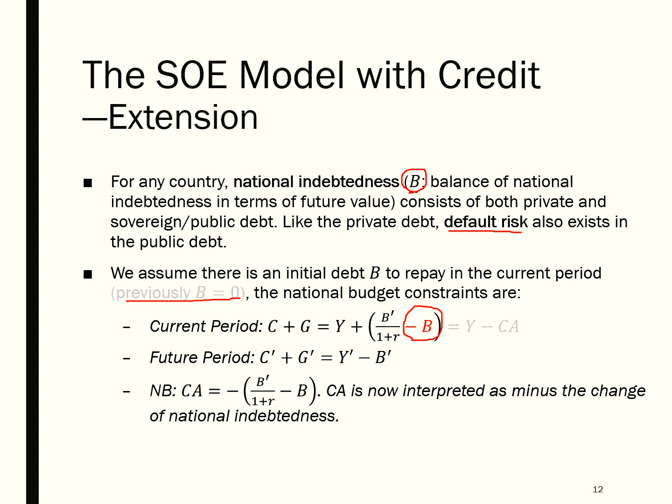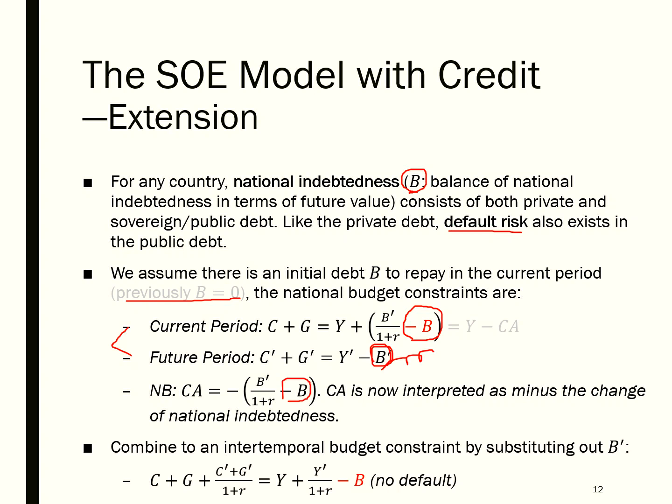If we combine these two periods' budget constraints into an intertemporal budget constraint by substituting out B prime, then if there is no default, the intertemporal budget constraint can be rewritten in this way. Note the extra minus B term on the right-hand side as an extra outflow.